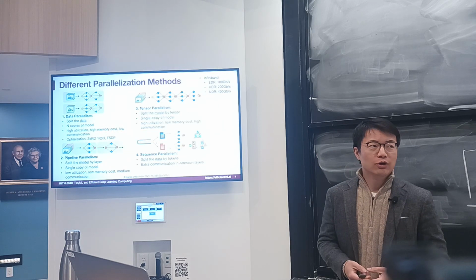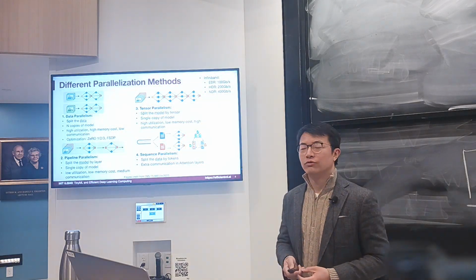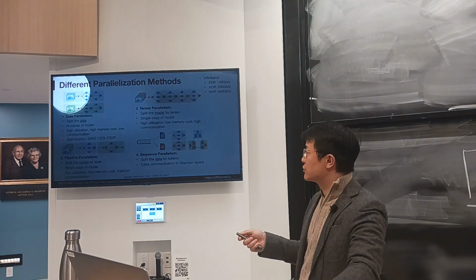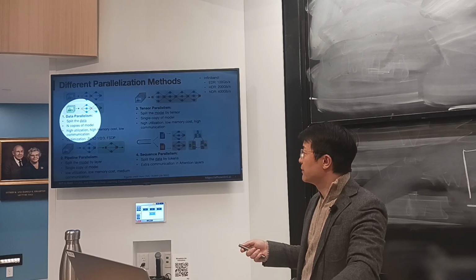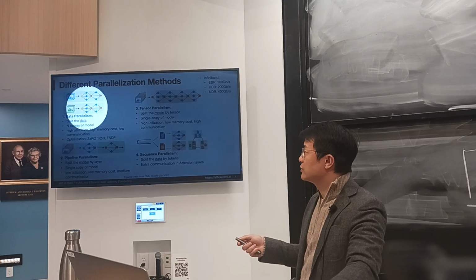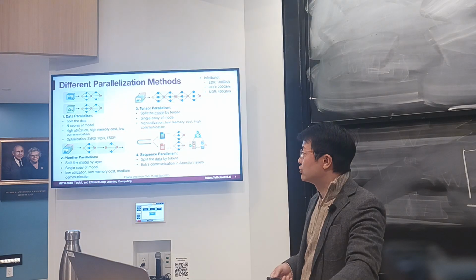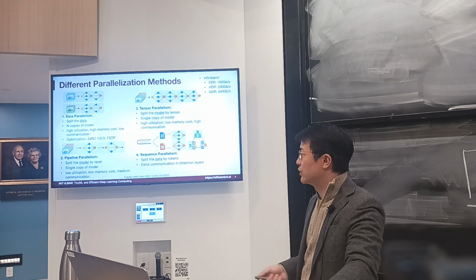As a review, for the last lecture, we talked about 4 strategies for parallelization for distributed training. The first one is data parallelism. The data is split across multiple nodes. We have n copies of the model, each GPU maintaining its own copy. That has pretty good utilization, but high memory cost and low communication.